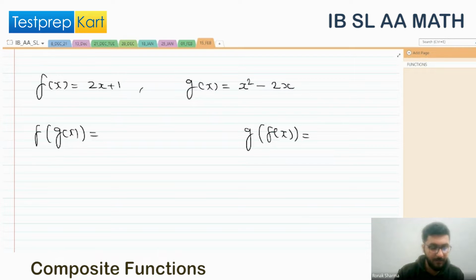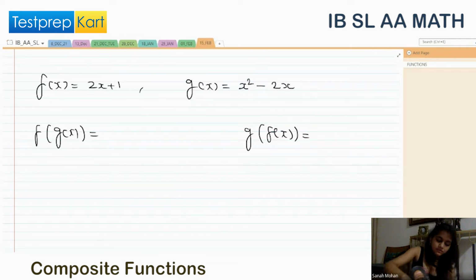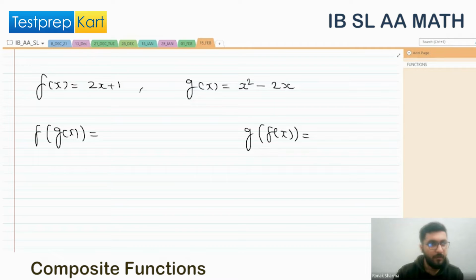Got f of gx? So for f of gx, what we're going to do?